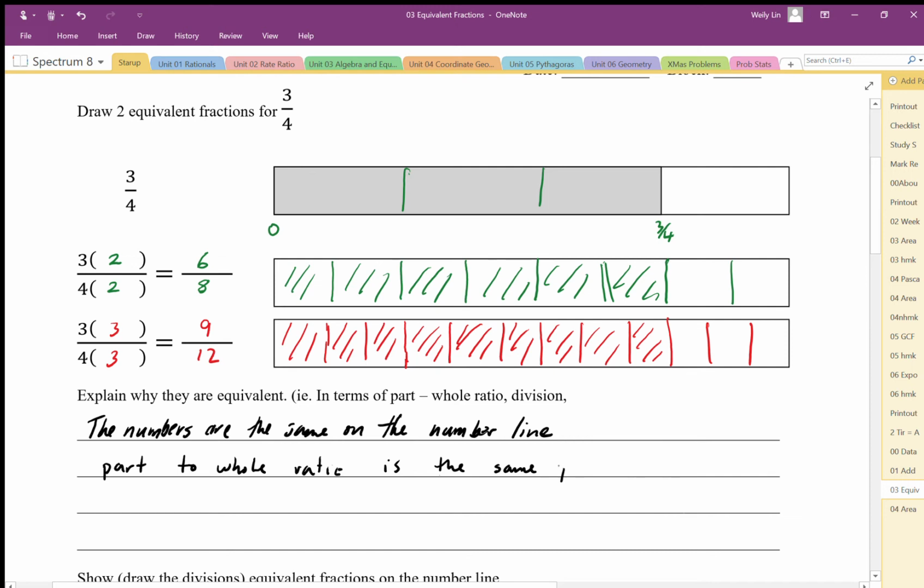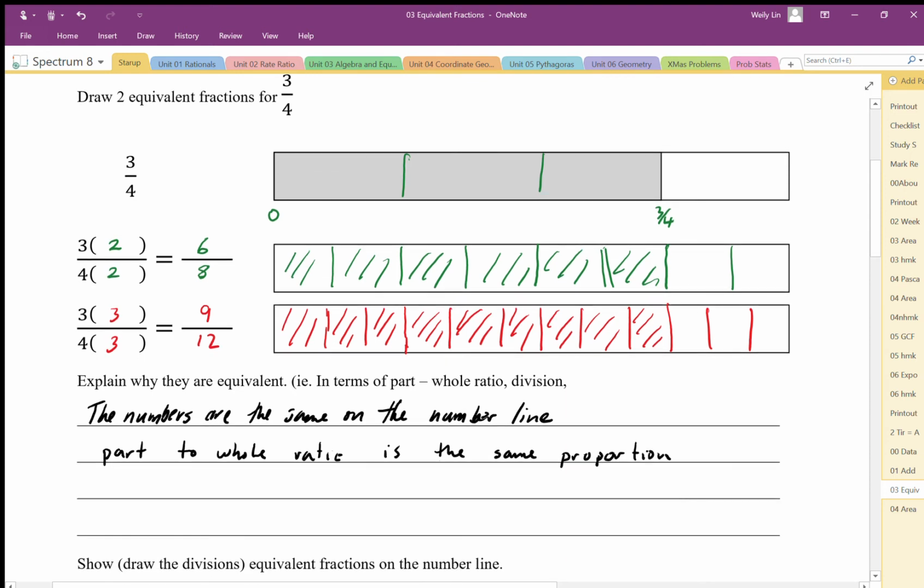That's an important word, proportion. Okay. We can also say that when we divide the two numbers, we get the same decimal. Okay, we get the same decimal. So there's lots of reasons why these fractions are all equivalent fractions.